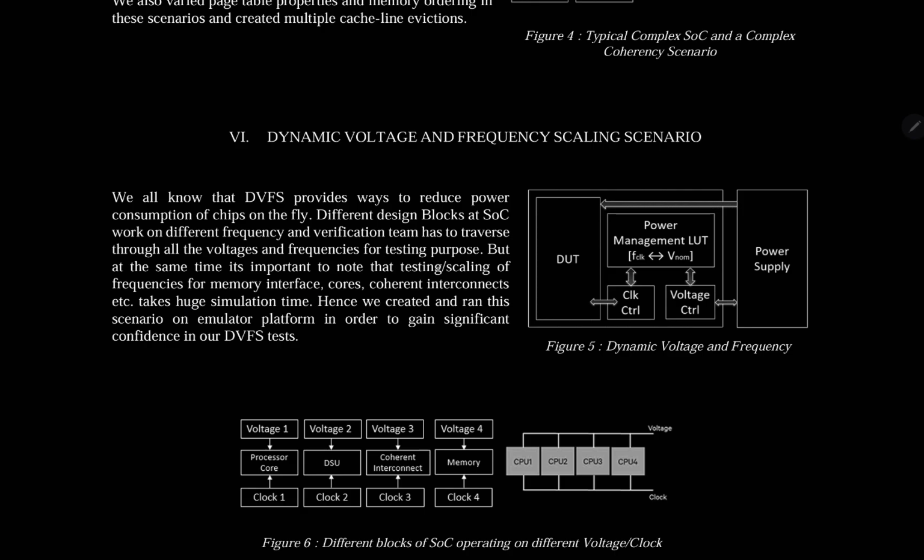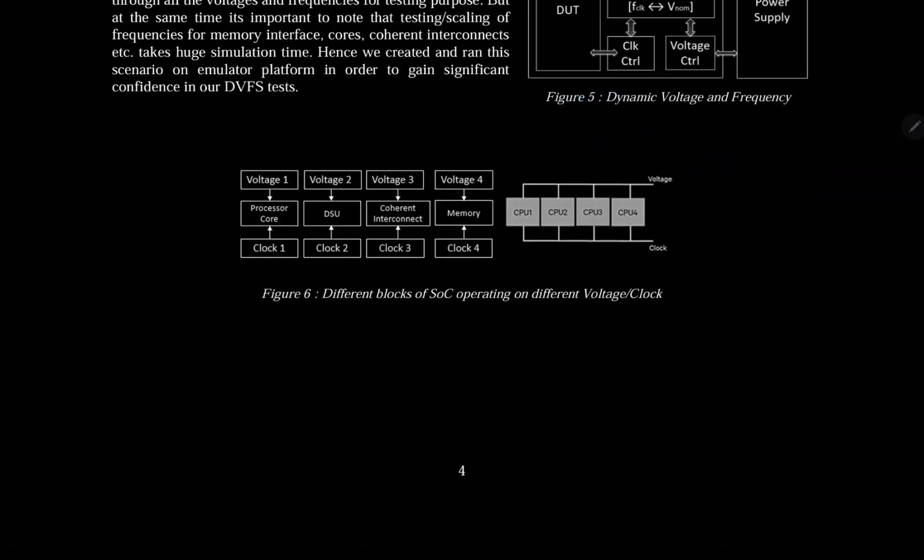Hence, we created and run these scenarios on the emulator platform in order to gain significant confidence in our DVFS. Figure 6 is the different blocks of SoC operating on different voltage clock.